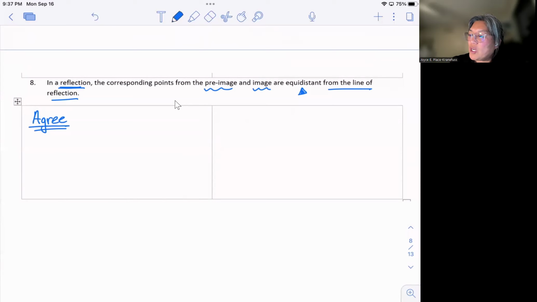And what we could show is, let's see, a line segment A to A prime, B to B prime.